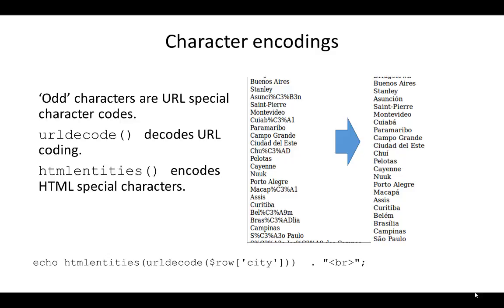Here, instead of echoing just row city, I'm first of all URL decoding the value of city, taking out the odd URL special characters, then inserting HTML special characters for the characters that need them in HTML. So I un-URL it, and then I HTML it. And this is the result that I get.